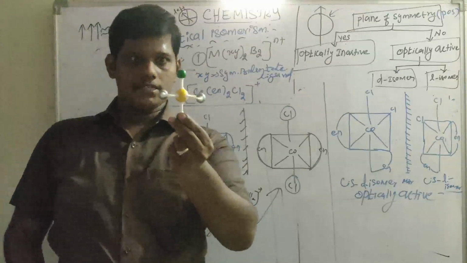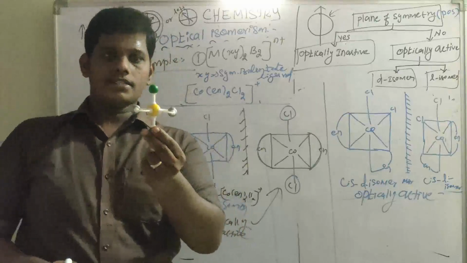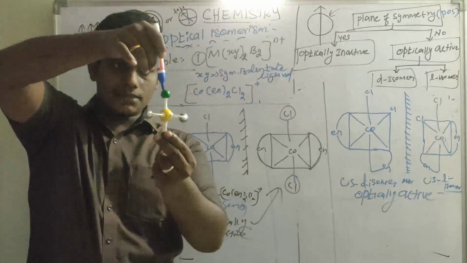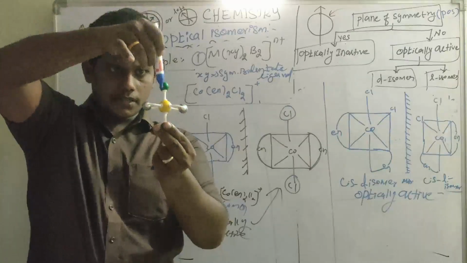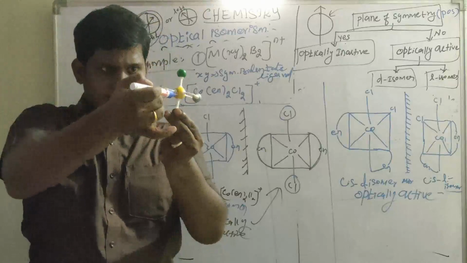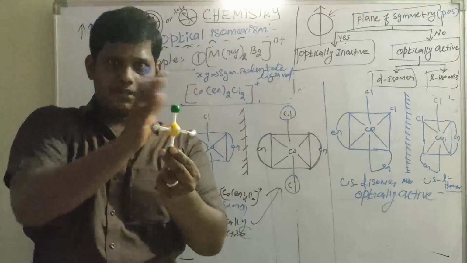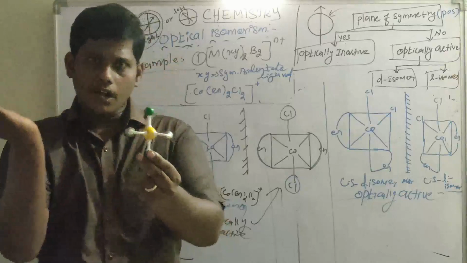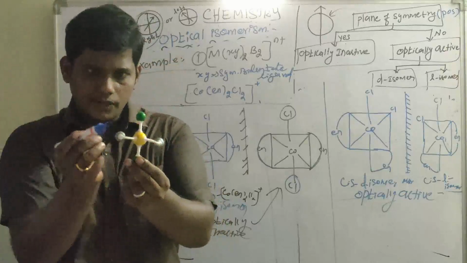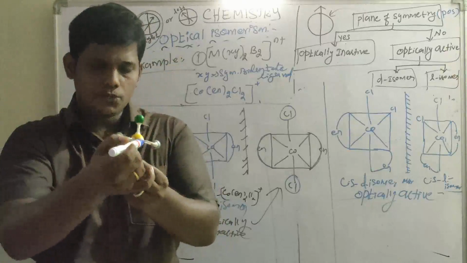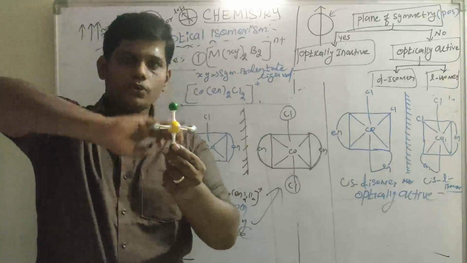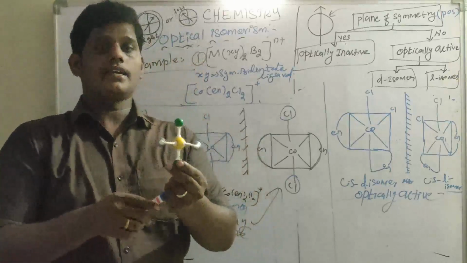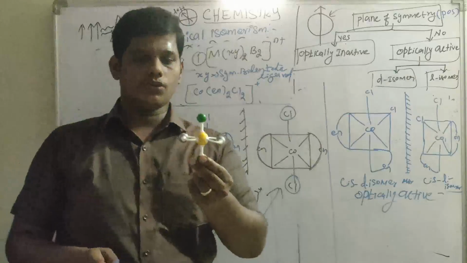This complex, the trans isomer, exhibits a plane of symmetry. If you pass an imaginary axis through it, you get two equal halves, so it is optically inactive. Any side you pass through, or a horizontal cut, gives two equal halves. So it is an optically inactive compound, the trans Co(en)2Cl2 complex.